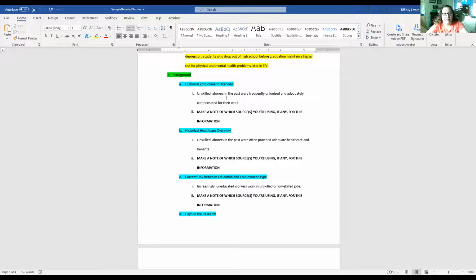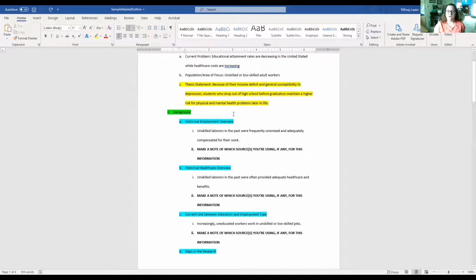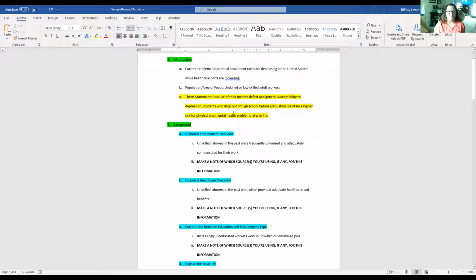So if you've got it in you to do the detailed outline, it's so much easier, with so much less stress and anxiety, to then actually draft the paper, because you now have a very clear vision of almost every single paragraph of the essay.